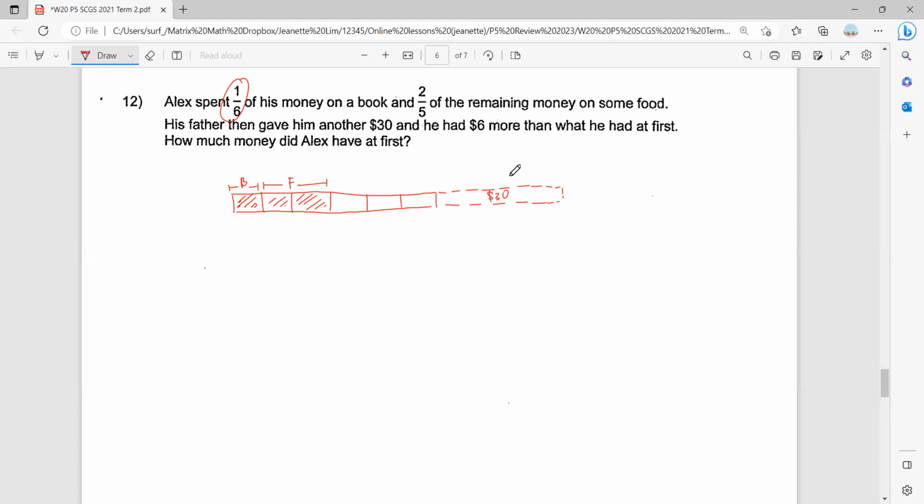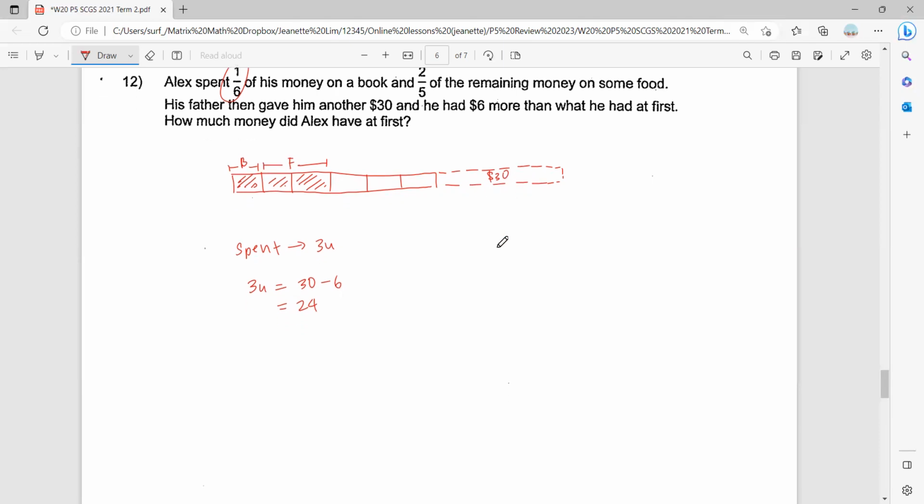So this 30 is actually $6 more than what he spent. So how much did he spend? 3 units. So this $30 is $6 more than 3 units. How do we find 3 units? We take 30 minus the 6, which is 24. So this part here is 24, and the father gave him $6 more than that, which is 30.